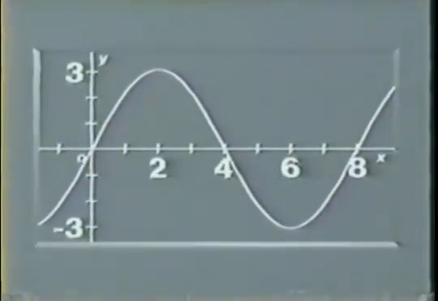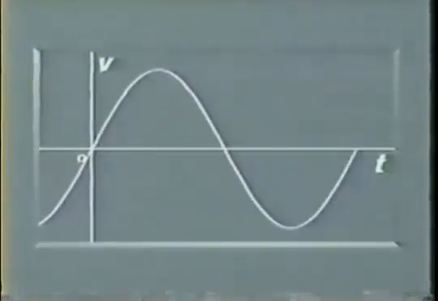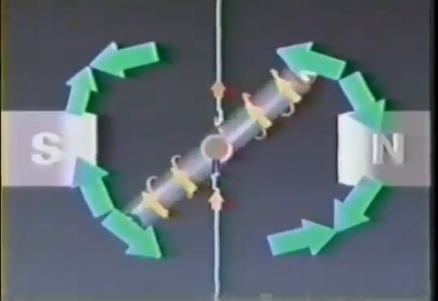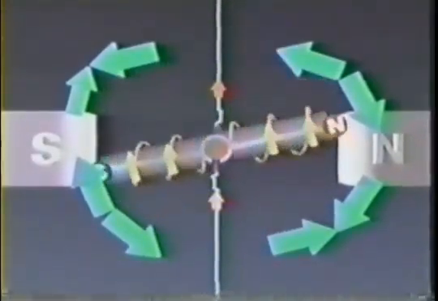We can use other units on the x and y axes. For example, to describe the action of an electrical generator, we use time t and voltage V. What's interesting is that the electricity is produced in the form of a sine wave. This is not too surprising, since the action of the spinning armature matches the motion around a unit circle.